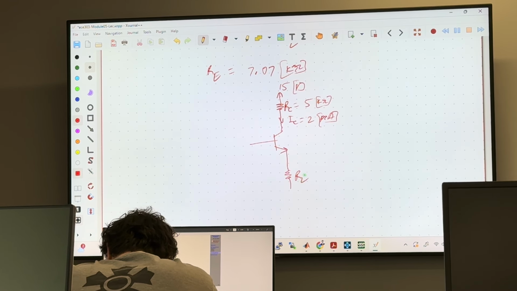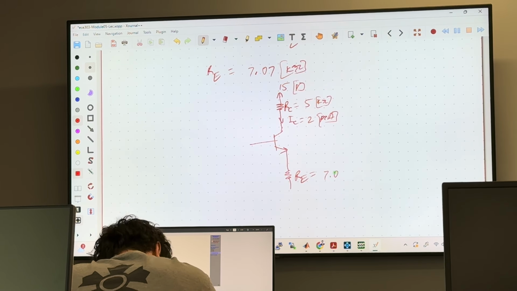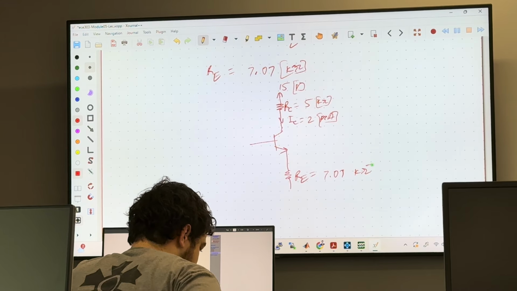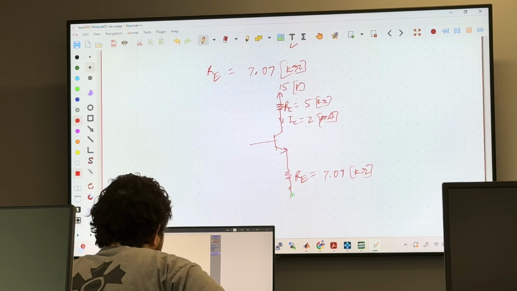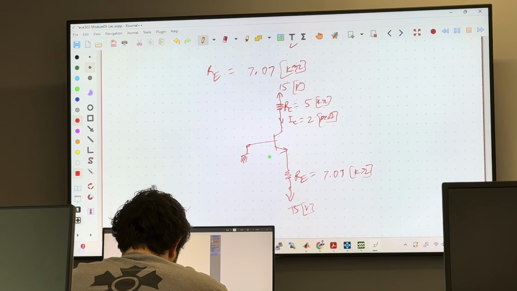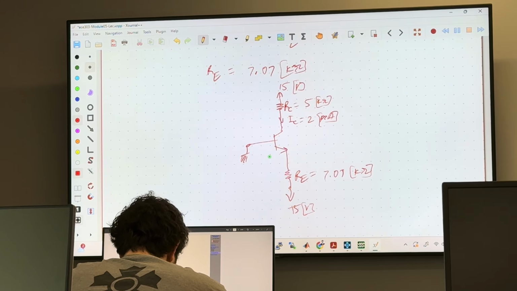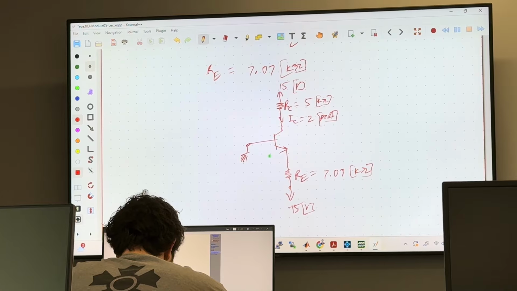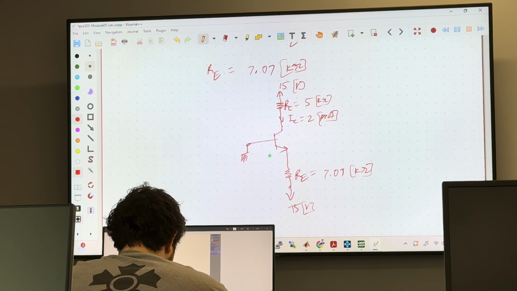And RE is going to be 7.07 kilo. And this is going to be negative 15 volt. And the base is going to be connected to ground. Yeah, that is the complete circuit. That way we know all the parameters.